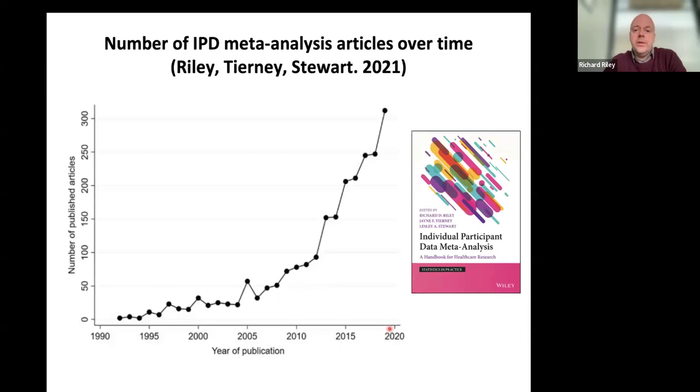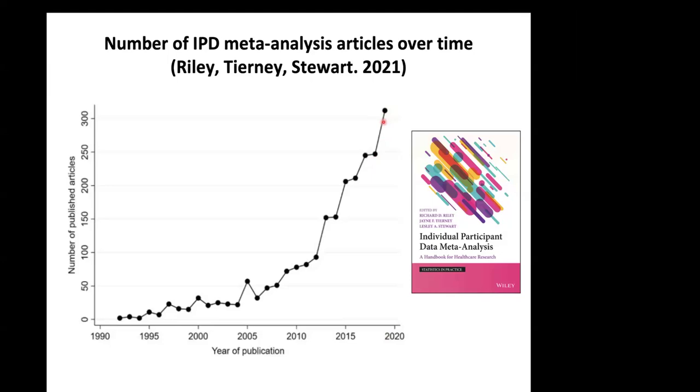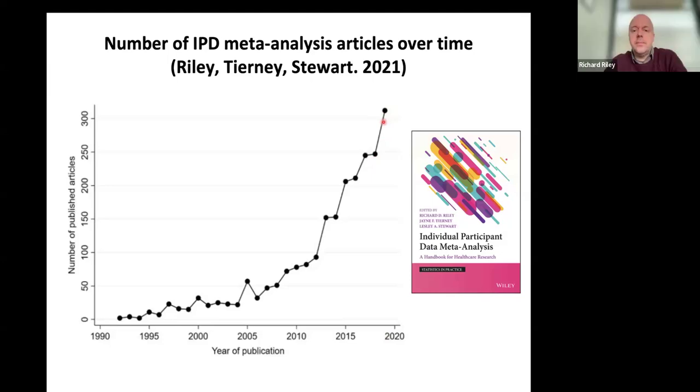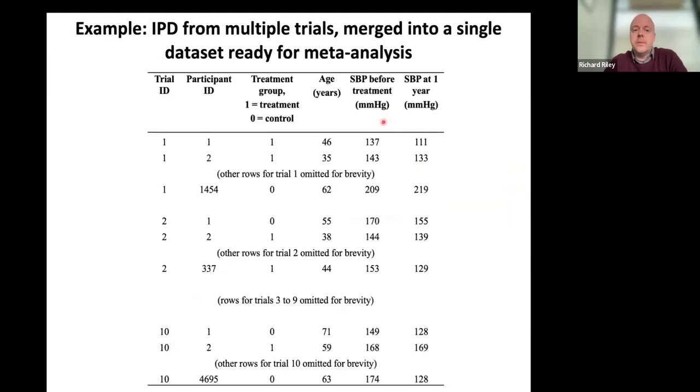When we wrote our book a few years ago, I did a crude search of IPD meta-analysis articles, and you can see that in the last 10 or 15 years this has increased quite dramatically. We're getting about 300 IPD meta-analysis articles a year now, and this correlates well with the fact that data is becoming more available to us and the approach is becoming more feasible.